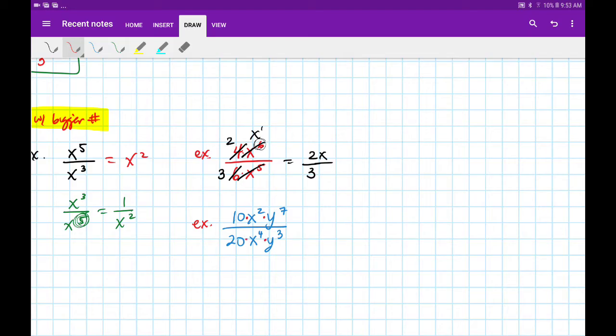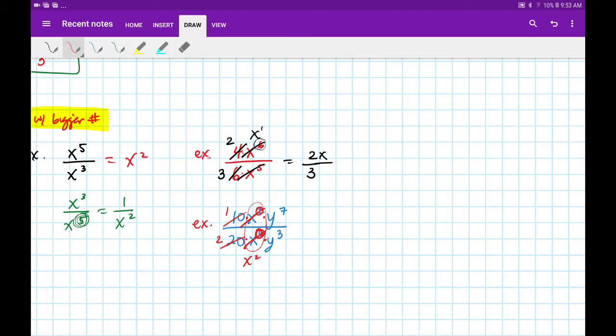The 10 over 20, well, that leaves a 1 on top and the 2 in the denominator. x squared over x to the 4th. Do the subtraction. 4 take away 2 is 2, so I'll be left with x squared at the bottom, where my bigger number was. That x to the 4th is bigger than x squared.